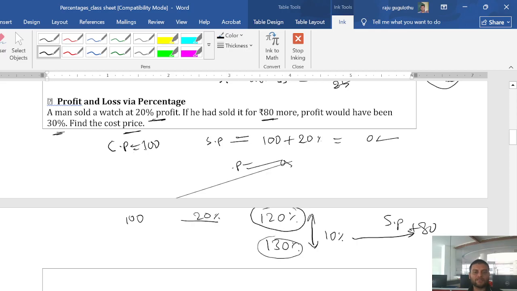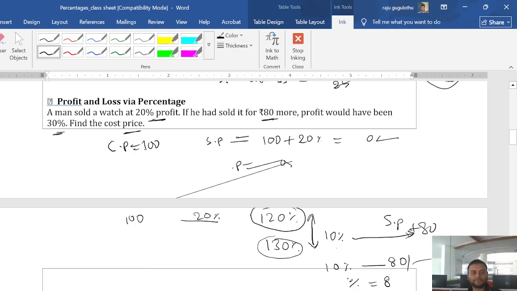So from 120 percentage to 130 percentage, there is a change of 10 percentage in profit, that is happening due to the 80 rupees addition to the selling price. So I can consider that the 10 percentage addition is due to 80 rupees. Then I can say 1 percentage value will be 8 rupees.